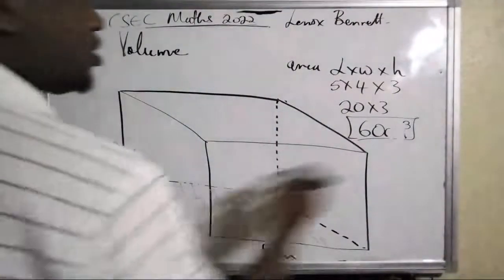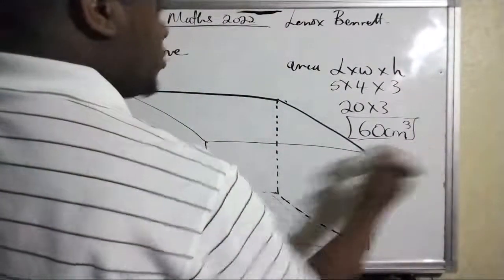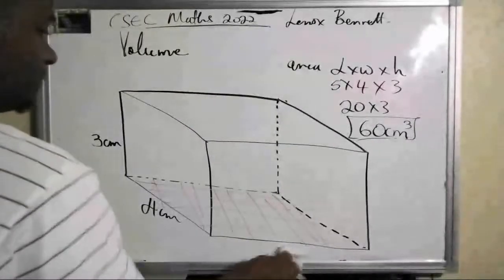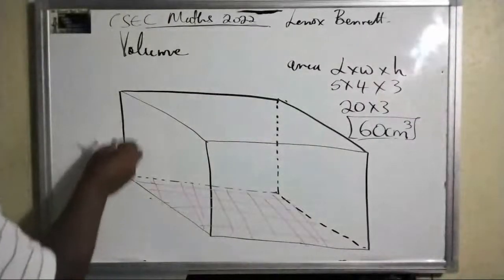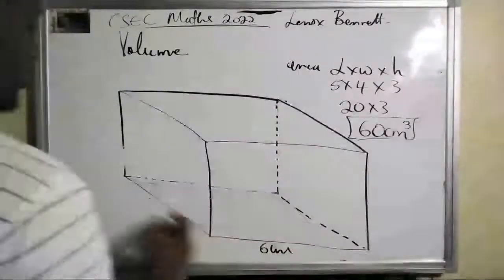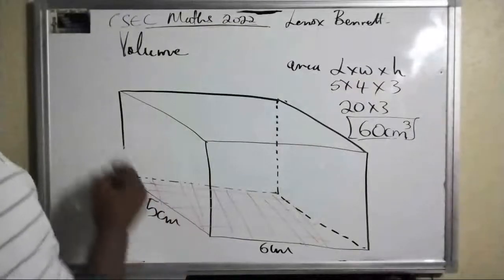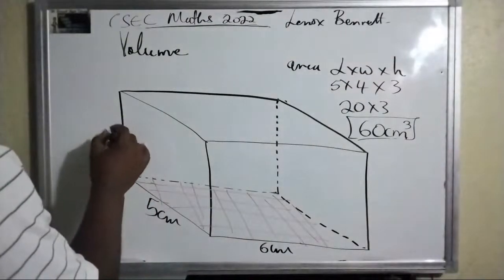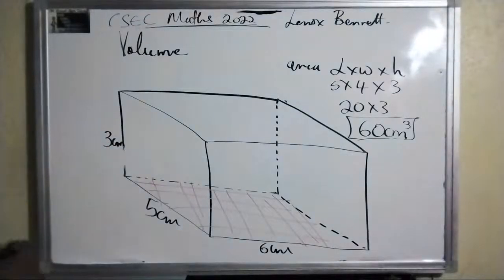That's very important, especially when it comes to the multiple choice. What is the volume of a cuboid with length 6 centimeters, width 5 centimeters, and height 3 centimeters? Put that in the comment section, please.